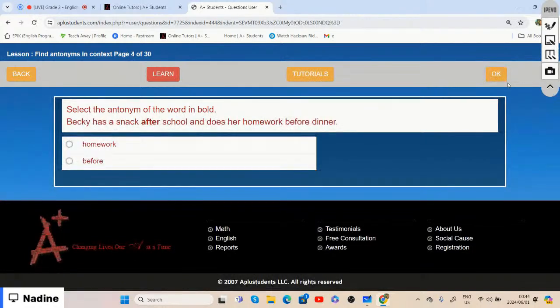Becky has a snack after school and does her homework before dinner. So after, we need to find the opposite meaning of after. Is it homework or is it before?